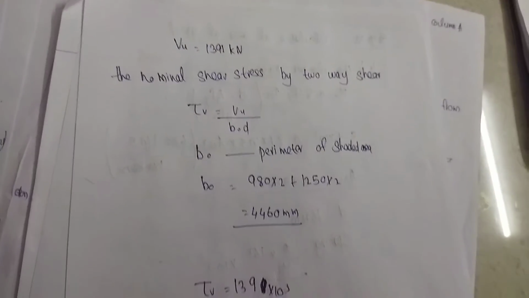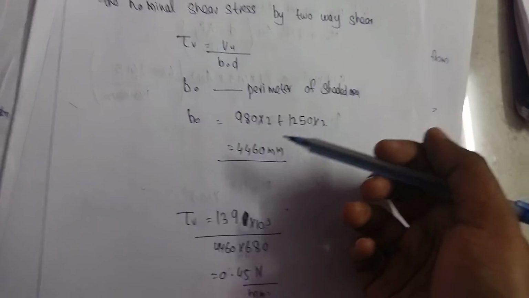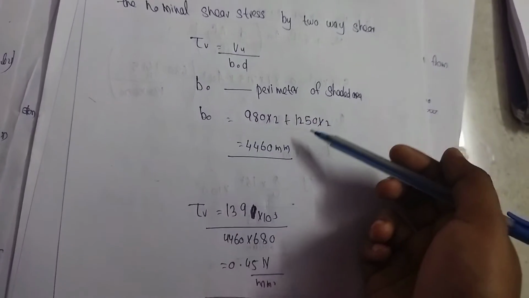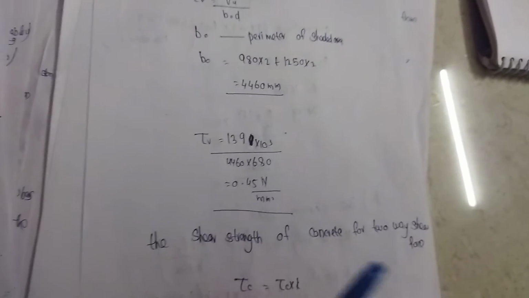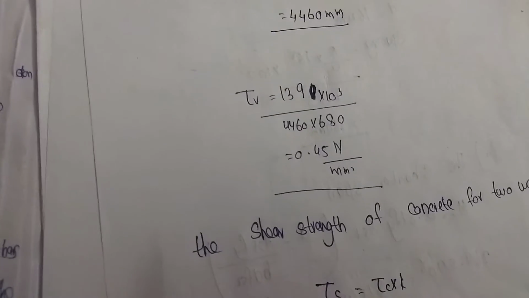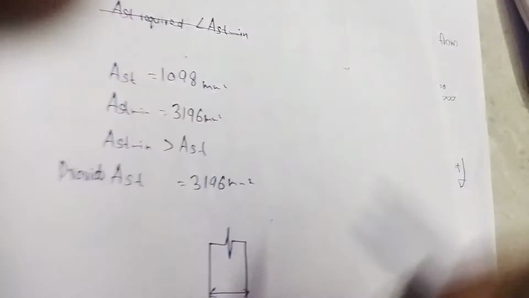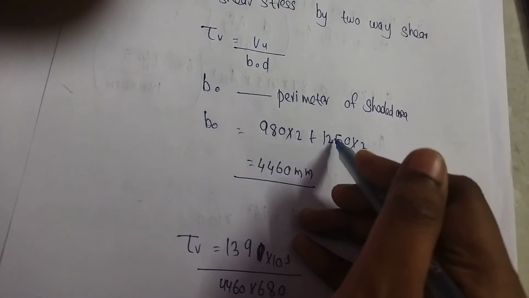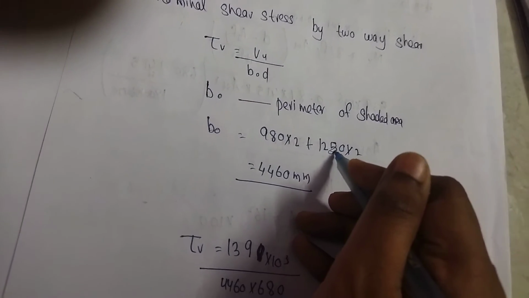Then we calculate the nominal shear stress by two-way shear, with the same equation, Vu divided by b0 d. b0 is the perimeter of that critical section, that is the shaded area.